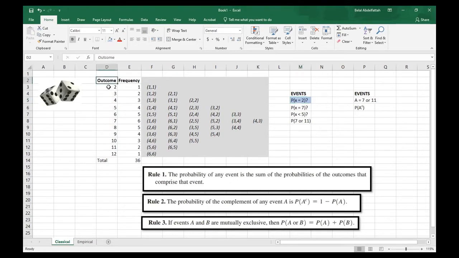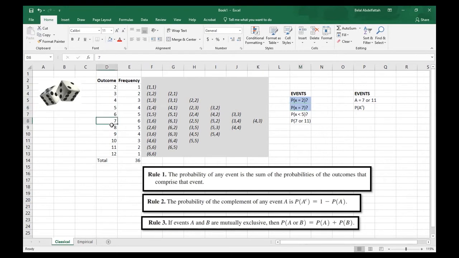So here's the outcome. Here's the value of 2, outcome 2. And based off of the frequency, it could happen 1 over 36. So this would be the probability that we would say if we were trying to look for the outcome of the sum of 2. Now for the next one, where it says the probability of x equals 7, same thing.